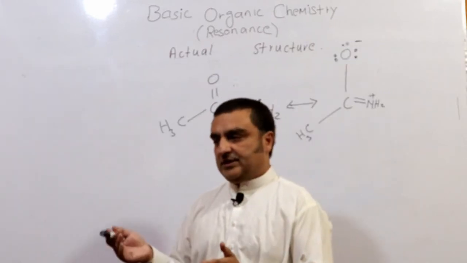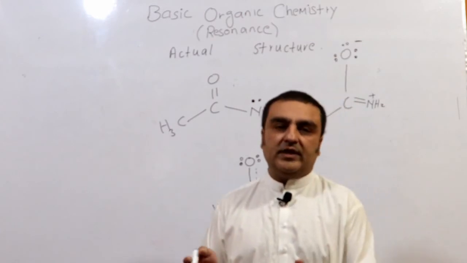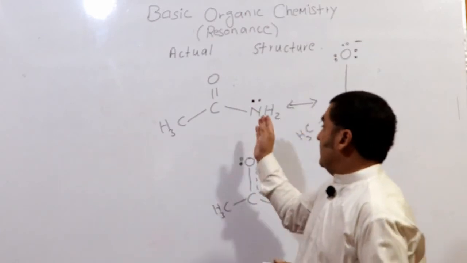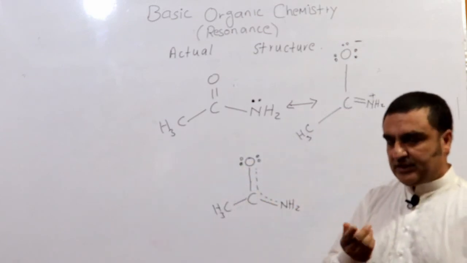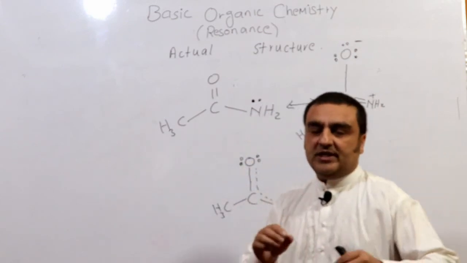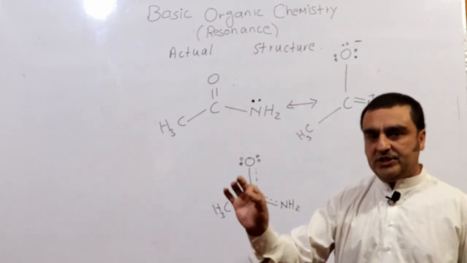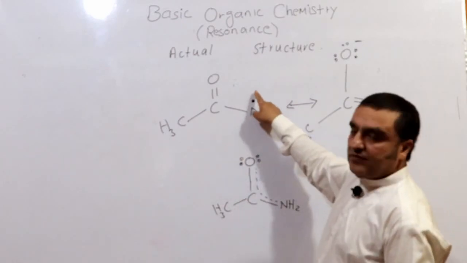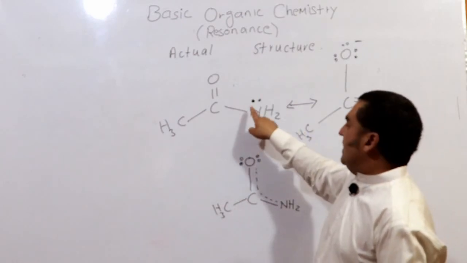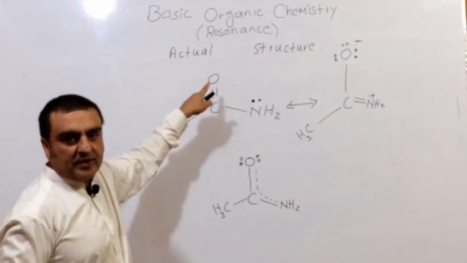So the question is how do scientists know that the actual molecule is not like this. One thing, which I already explained to you, is that if you put a molecule of acid like HCl on this molecule, H plus will not be attacked by this lone pair, but instead will be attacked by this lone pair.